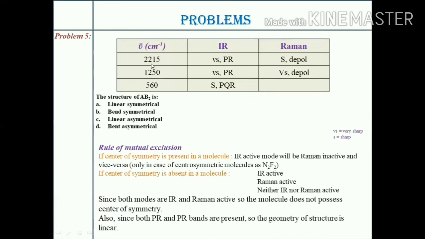So it is giving us the information that at 2215 centimeter inverse we get an IR band which is very sharp. Again at 1250 centimeter inverse we are getting an IR band which is again very sharp, but at 516 centimeter inverse we are getting an IR band which is sharp, not very sharp.